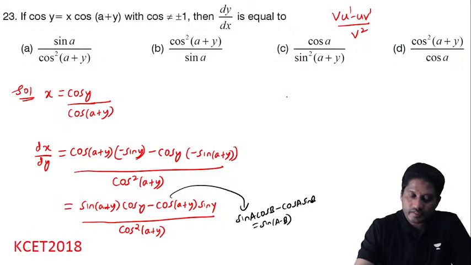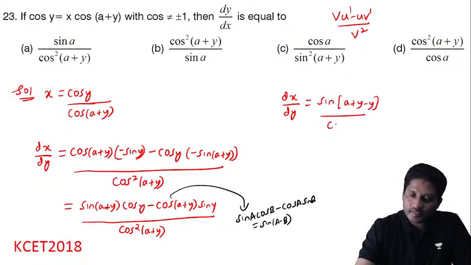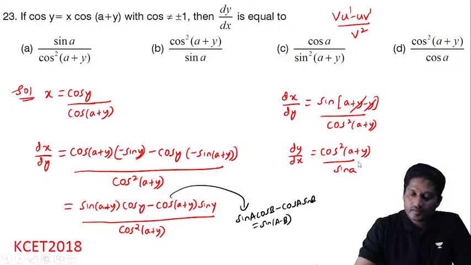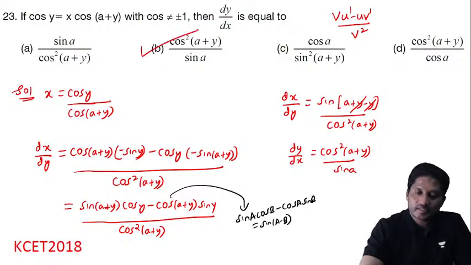Okay, now this is dx per dy equal to sine of (a minus b), that is sine of whole (a plus y) minus y, so sine a, divided by cos square of (a plus y). dx per dy. If I reverse this, dy by dx is equal to cos square of (a plus y) divided by sine a. Cos square of (a plus y) by sine a is the answer option.